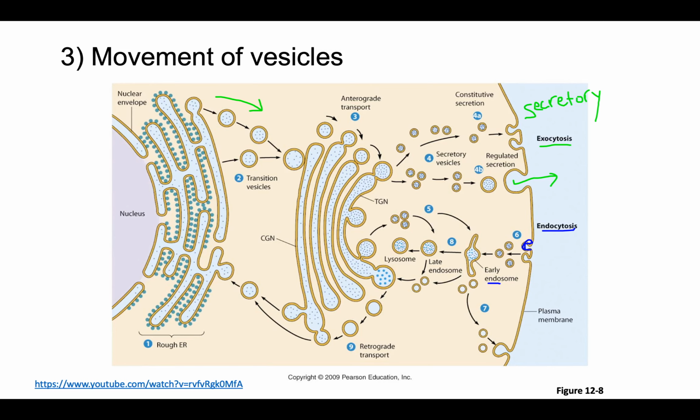So as we're looking at the top of the diagram, we're following the secretory pathway. As we're following the bottom of the diagram, we're following the endocytic pathway. So retrograde transport just means instead of the canonical movement from the inside to the outside of the cell, we're moving proteins and other cargo back this direction.